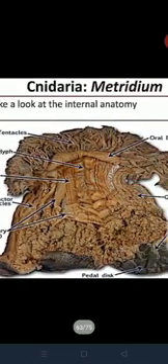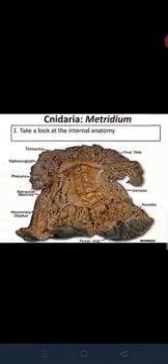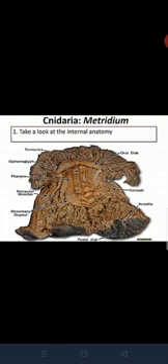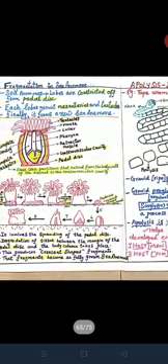The middle cavity is called the gastrovascular cavity. Listen children, in your textbook there is no picture for pedal laceration. That's why I have included some pictures. Next, during the pedal laceration, what will happen?